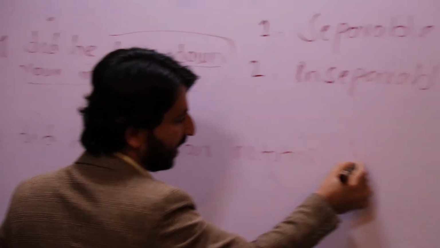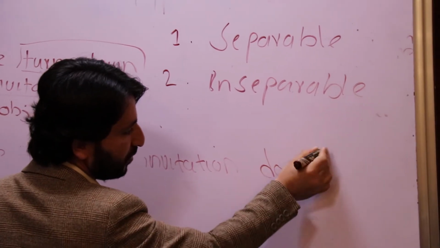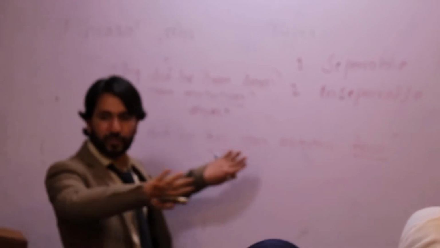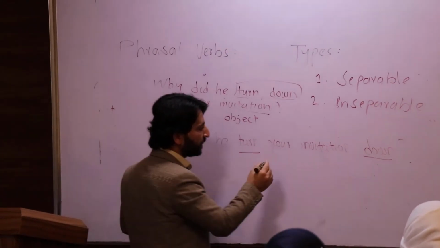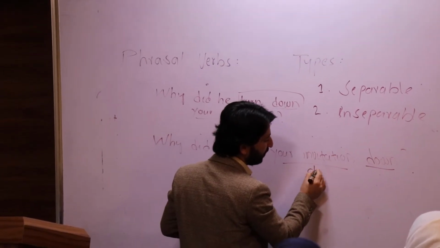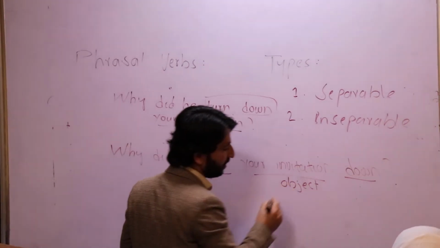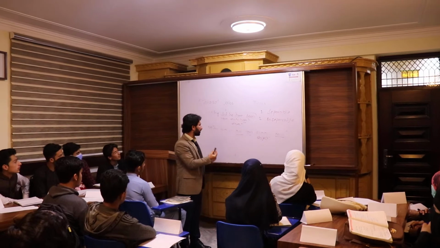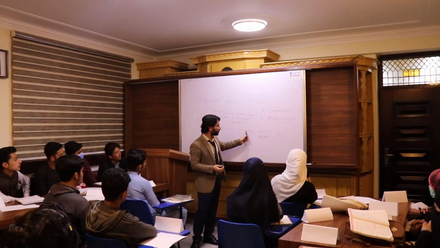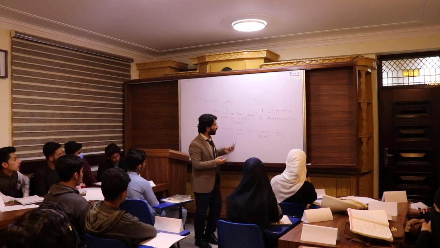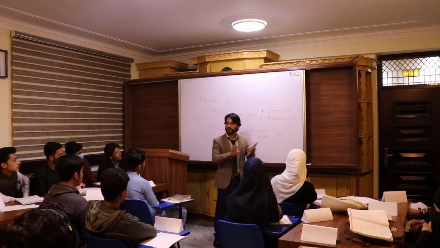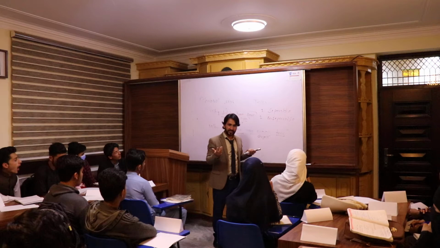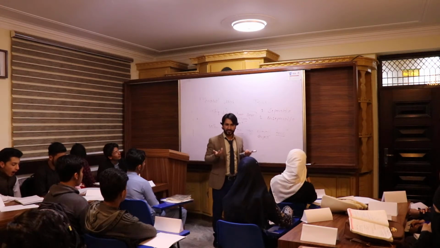Now down is the preposition here. See, the preposition and the verb are separated now. Why? Between them we have used what? The object. So when the object is used between the verb and preposition, that is called a transitive phrasal verb or a separable phrasal verb, because we were able to separate them from one another. This is a separable phrasal verb. Is that clear? Did you get that?